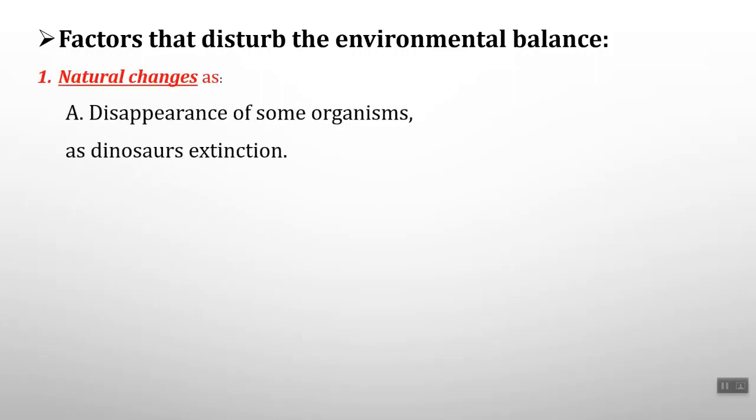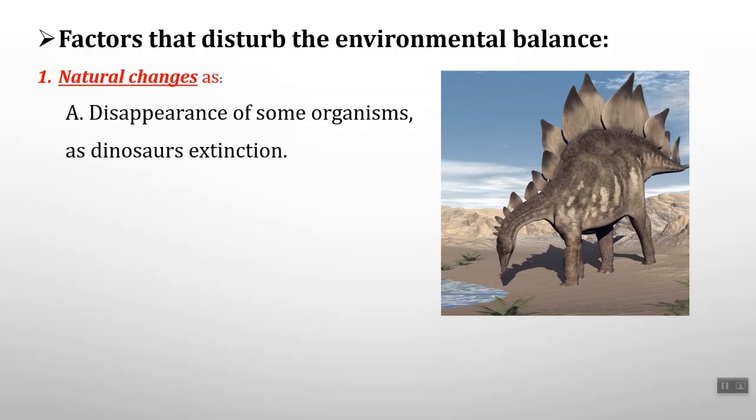Changes in the natural conditions in the ecosystem cause a disturbance that leads to the disappearance of some organisms, such as dinosaurs, or the appearance of other organisms. So the first factor that can harm the environmental balance is the natural changes.